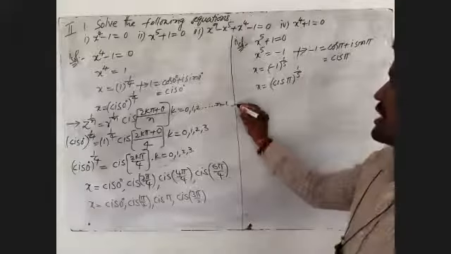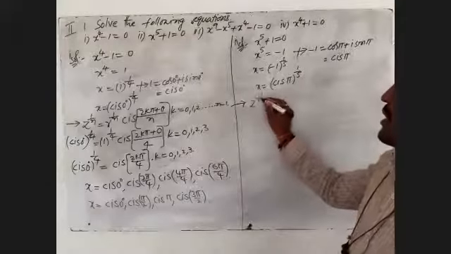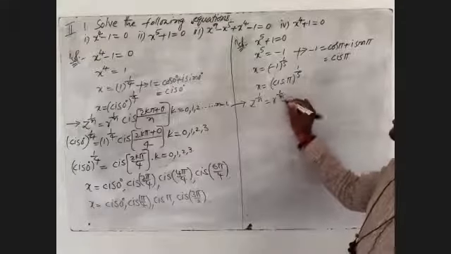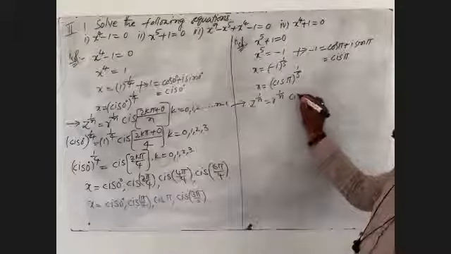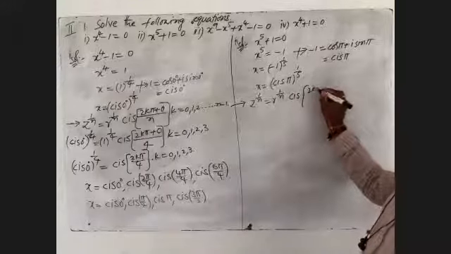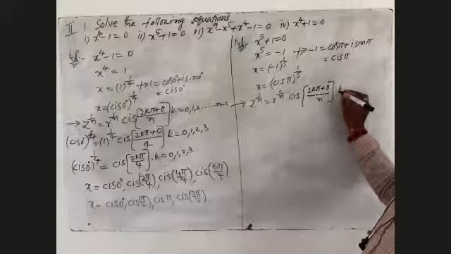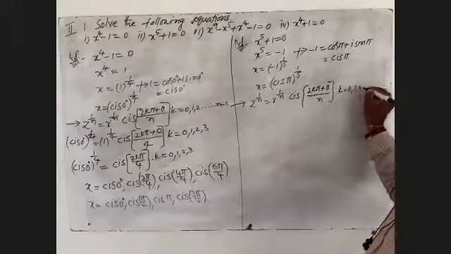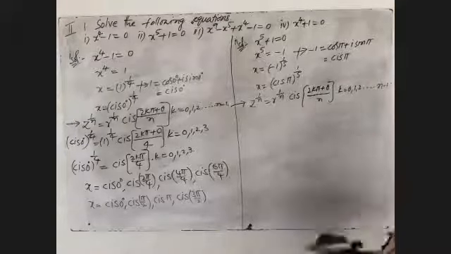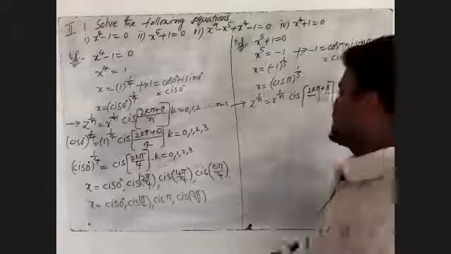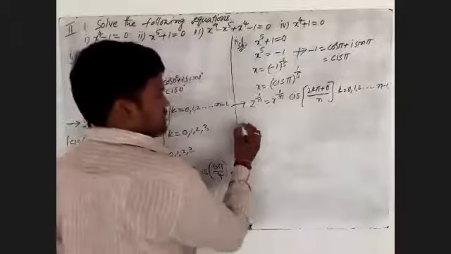Already we know one formula: z power 1 by n is nothing but r power 1 by n into cis of (2k pi plus theta) by n, where k is 0, 1, 2 and so on, n minus 1. How to apply it here?